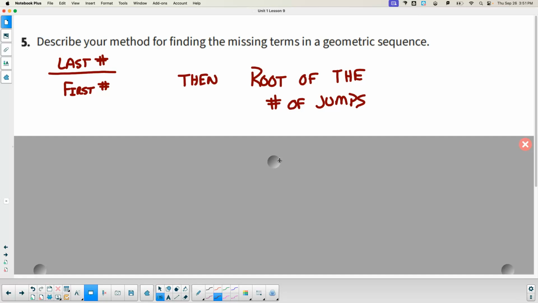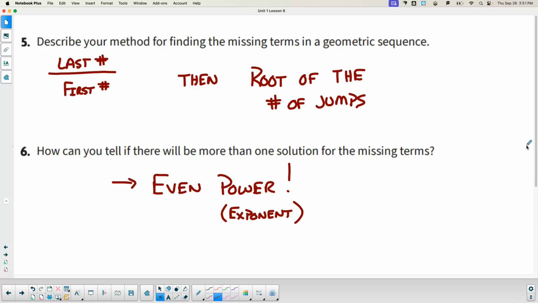How can we tell if there is more than one solution? We're looking at that power, the even exponent there. Even exponent, even power, that works out for us there.